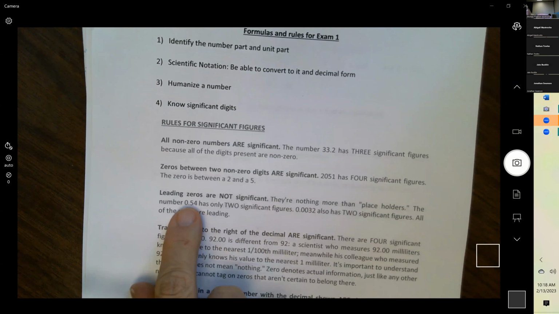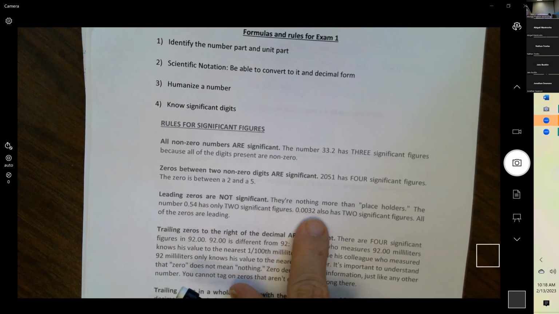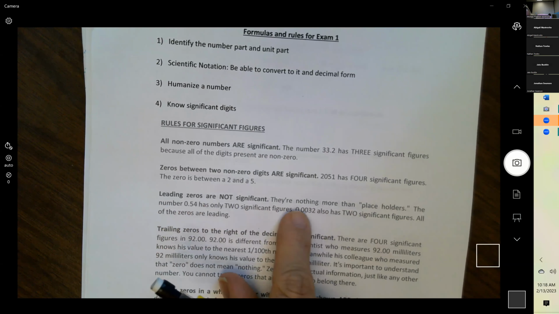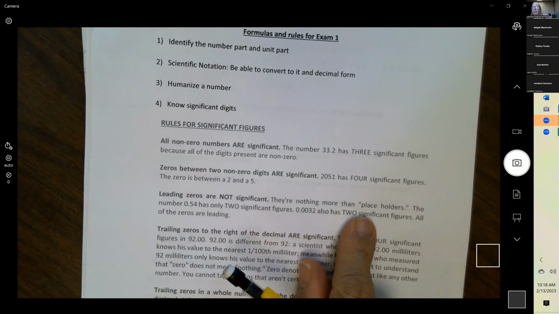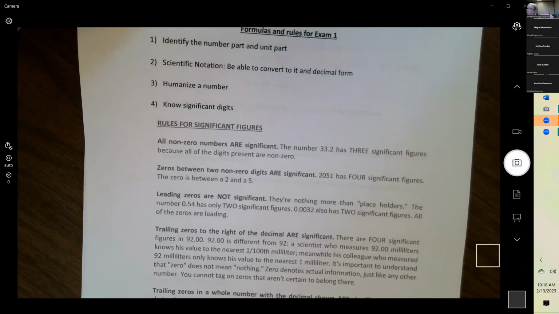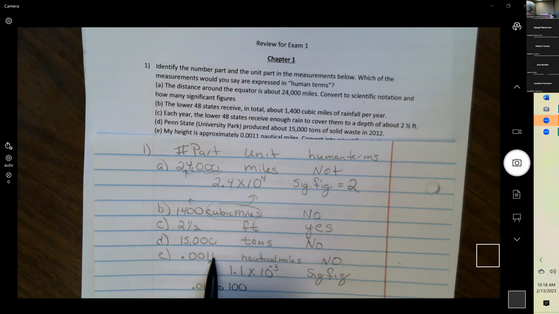The number 0.54 has 2 significant digits, but so does this one, 0.0032. 2 significant figures. So if it's before the number, they don't count. So this one would be 2 significant digits again.